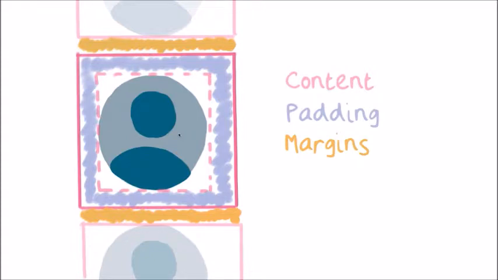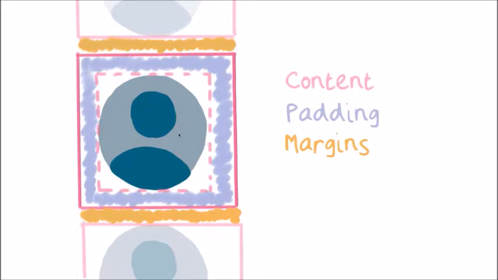So we've seen how both padding and margins can be used to add extra space around an element, so you might be wondering when to use one or the other, or perhaps even a combination of both. Now the key thing to remember is that if you want the space to be part of the object, then you should use padding. And if you don't want it to be part of the object, then you should use margin. So when do you want it to be part of the object becomes the question.